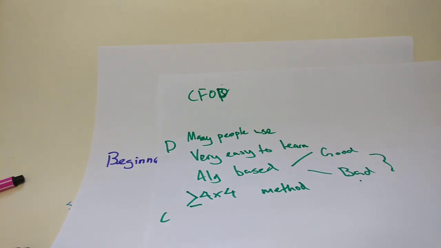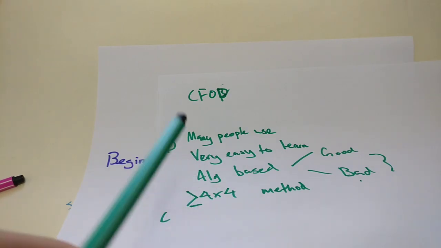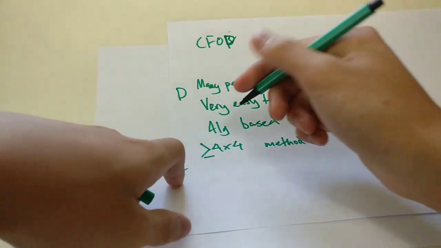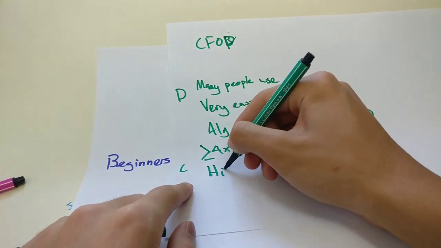But ZZ, you still have to do the EO, and with Roux, it's very hard to do M layers with large cubes.